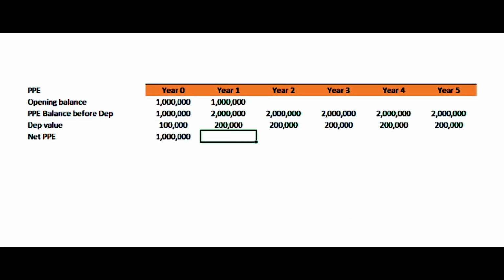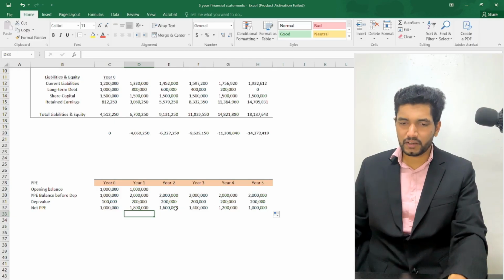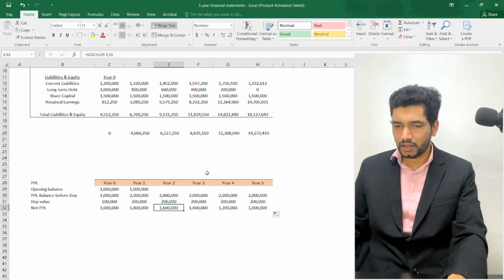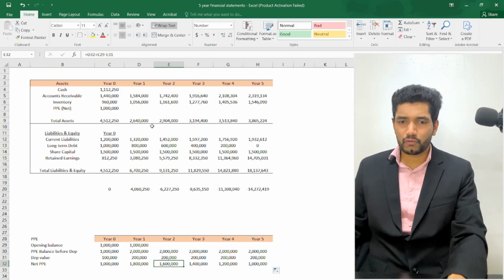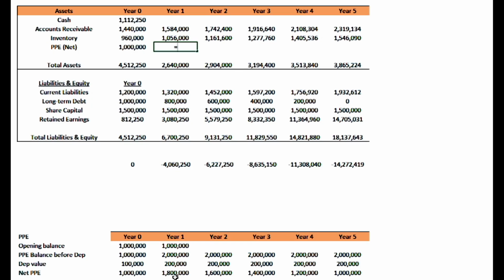For year 2, this will be the opening balance plus added, minus the depreciation value of 180,000, and it is 1.6 million in year 2, 1.4 million in year 3, 1.2 in year 4, 1 million in year 5. And just apply. Now we got the value. So I'm just connecting this with the balance sheet. 1.8 million in year 1. I'm just connecting this one.